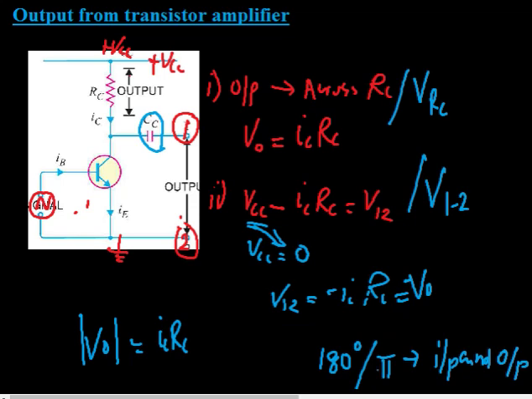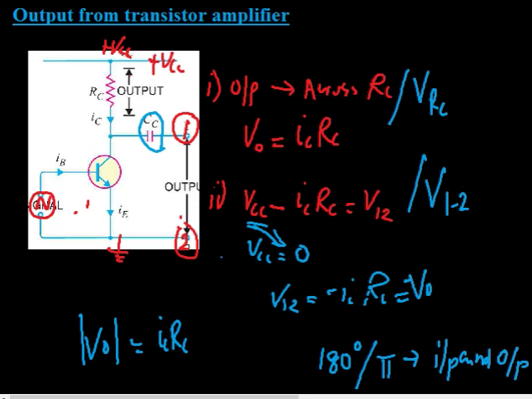So we can say there is a phase difference of 180 degrees between input and output terminals if we take the output across the terminals 1 and 2 in a common emitter transistor amplifier. In most practical purposes, we will have multi-stage amplifiers, where one stage is coupled to the other.